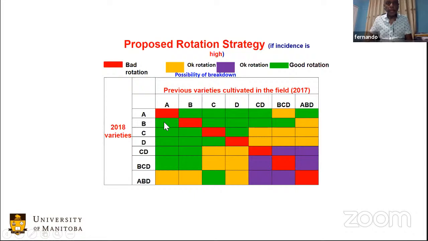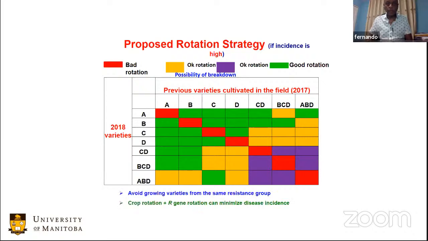Now, when A is grown again, it may be an okay rotation because B and D might be helping in reducing the disease, but there might also be a certain amount of disease because A might already be broken down because of the presence of AVRLM1. This is mainly being brought in because a lot of farmers, because of the high cash value of canola, tend to grow canola in tight rotations. We still ask them to grow other host crops in the rotation, but that sometimes doesn't happen.